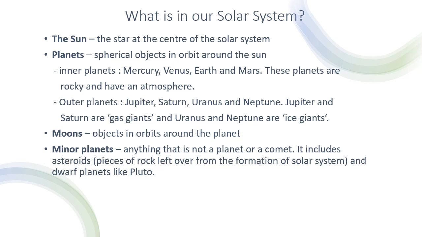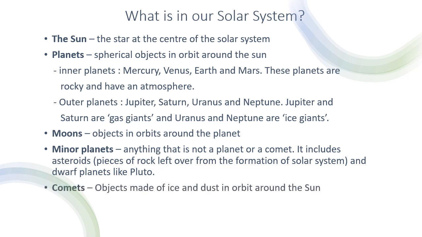Okay, so these minor planets are basically asteroids and other dwarf planets like Pluto. Now, what are these asteroids? They are pieces of rock that have been left over from the formation of the solar system. Okay, minor planets are not actually planets, nor do they come under the category of comets, which we will see next.